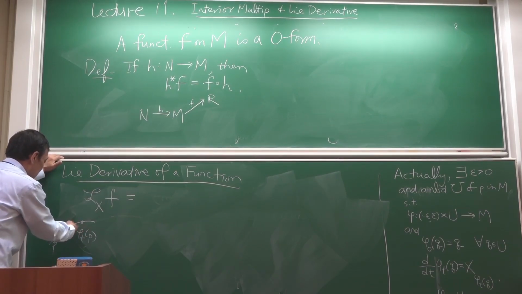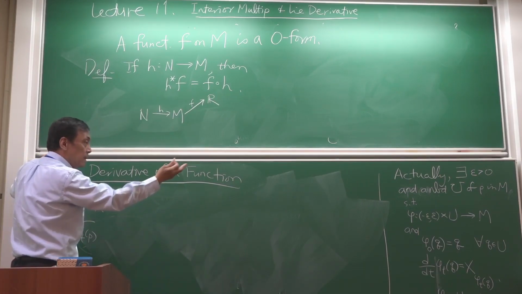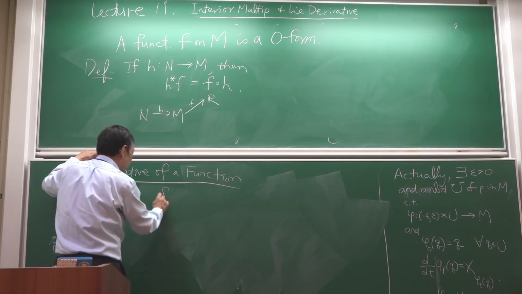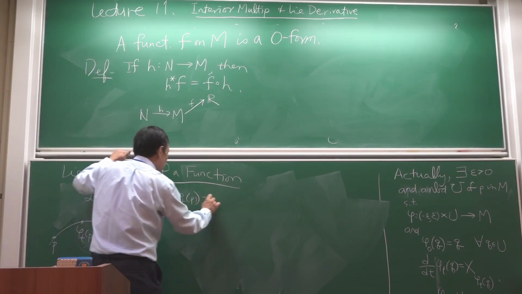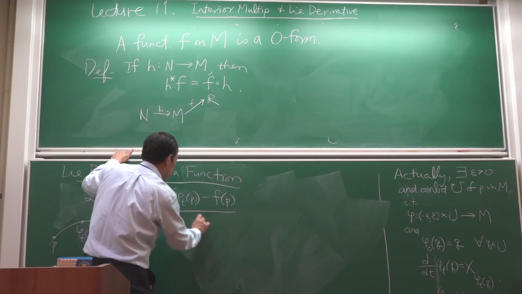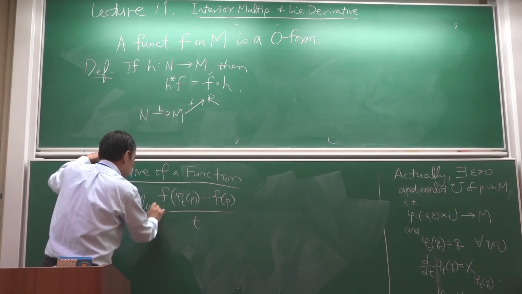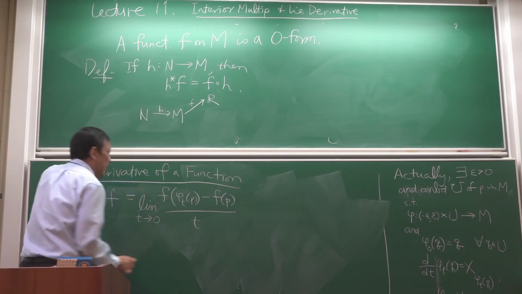For a function, the values are in R, so you don't need to do that. It's just f at phi t of p minus f at p over t, and take the limit as t goes to 0.